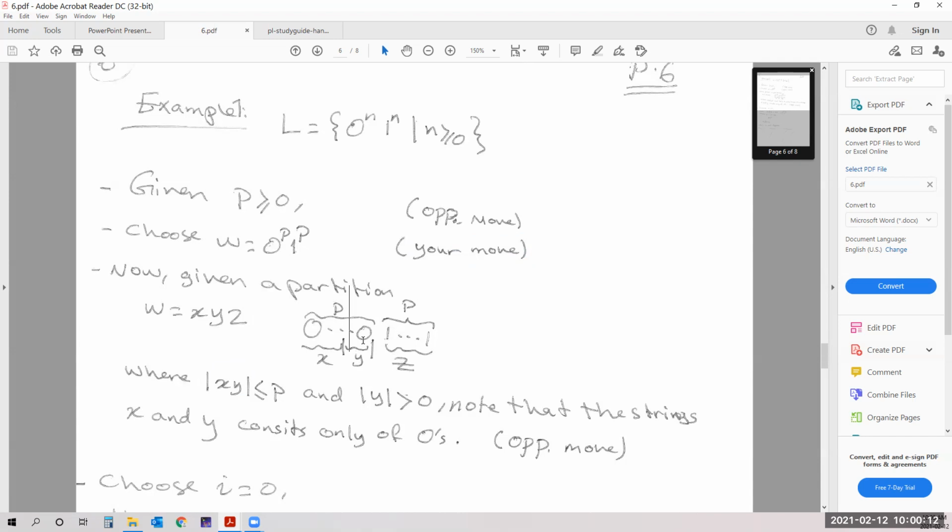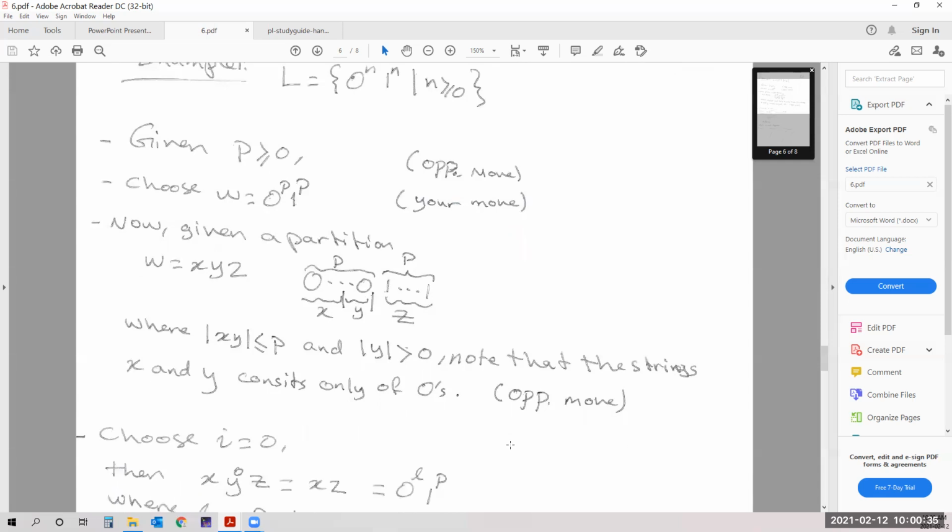No matter how many zeros in X or Y, together the length of them is less or equal to P, and Y should not be epsilon, it should have at least one 0, because the length of Y should be 1 or more. It's greater than 0. Note that the strings X and Y consist only of zeros, which is the opponent's move.